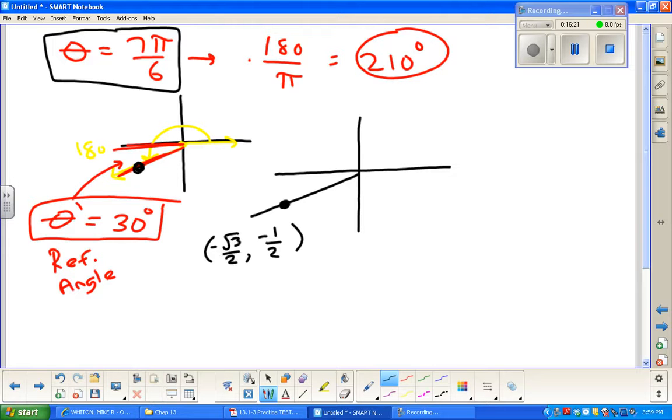They're the exact same as what the 30 was. It's just that at the 30, they were both positive. Okay, so here's your cosine of your theta.